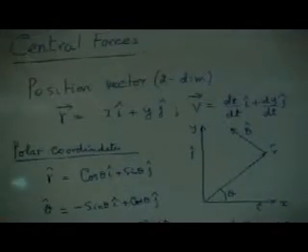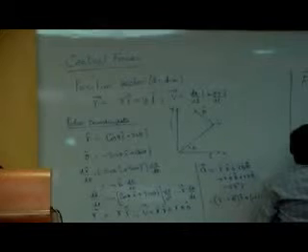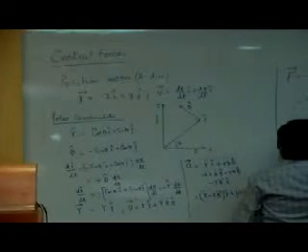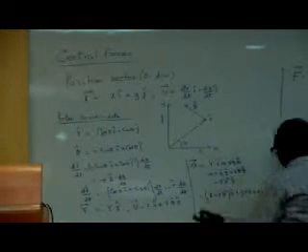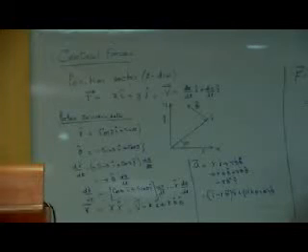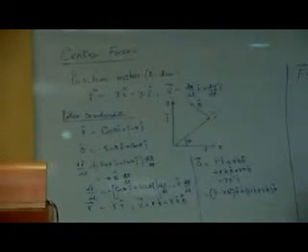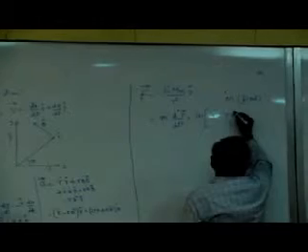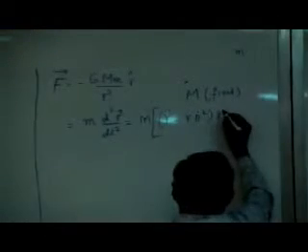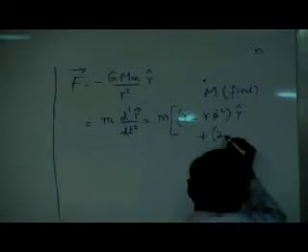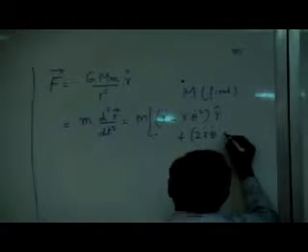This is Newton's law, which is given by m times the acceleration. I already have an expression for that. That is m times r double dot minus r theta dot squared r cap plus 2 r dot theta dot plus r theta double dot theta cap.